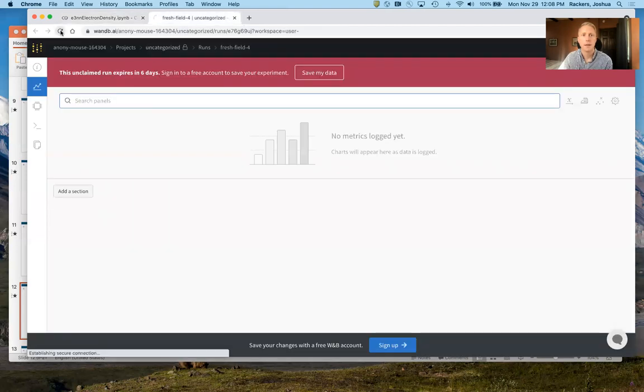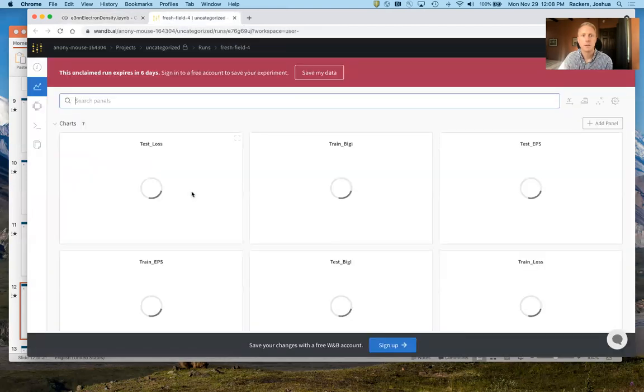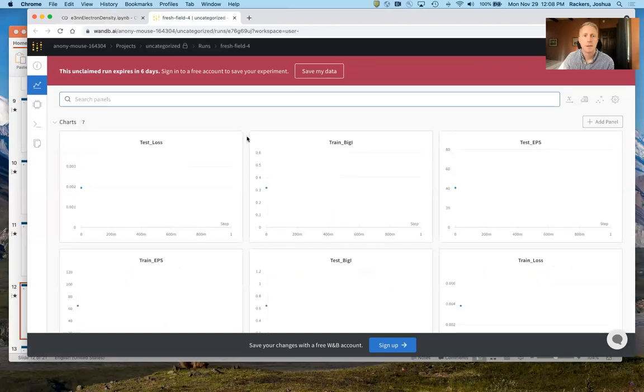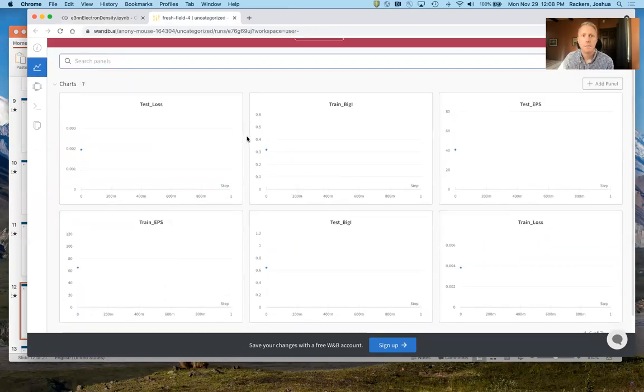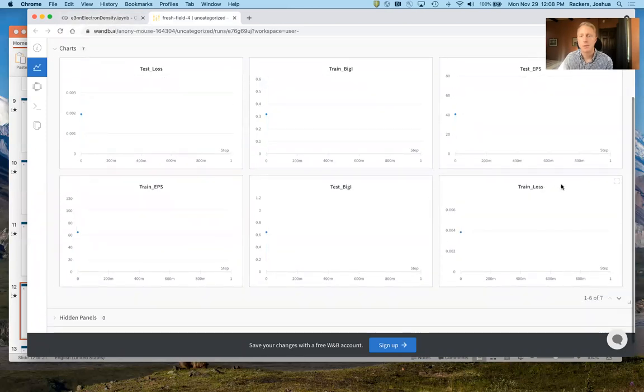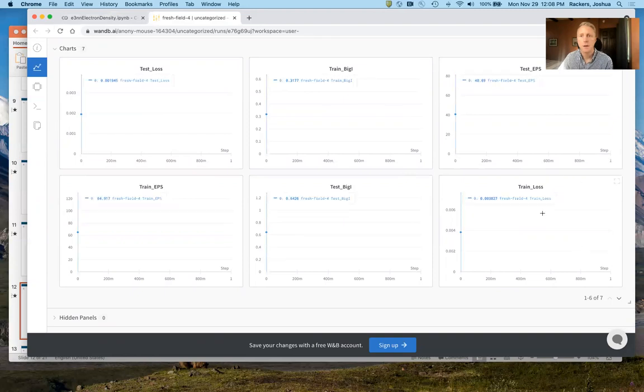So now there should be data here. Yep. So we're going to look at a couple different things. The most obvious are the loss functions. So this is the training loss, and this is the test loss. And the second thing to look at is what's called EPS, which is a measure of density similarity.